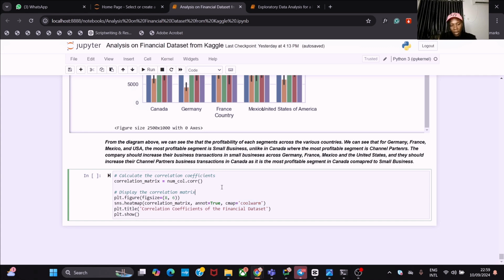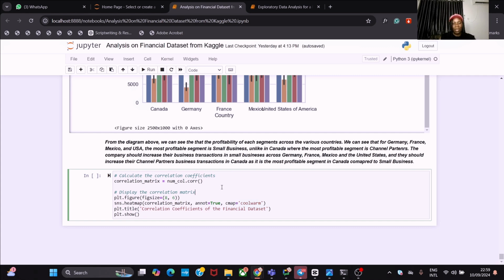But before then, I would like to mention that when calculating your correlation coefficient, we only make use of our numerical columns. You don't make use of your categorical columns. Categorical columns have no business with correlation coefficient. So we only look at figures.